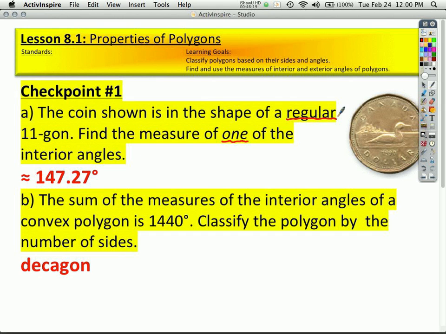You divide by 11 and you get the individual angle. Very important. You wouldn't be able to do it unless you had more information. Okay? Can't solve it, need more information, or something like that.